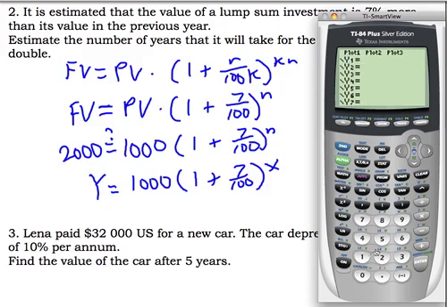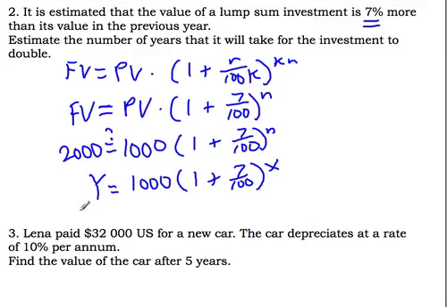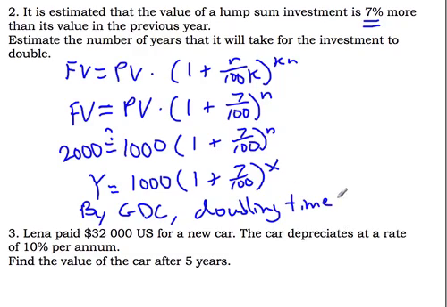So we're going to put in the function 1,000 times 1 plus 7 divided by 100 to the power of x. Type that in, second function graph. And when will that equal 2,000? Well, it equals 2,000 after 11 years. So 11 years is the doubling time. So we can say maybe by GDC, doubling time is 11 years.